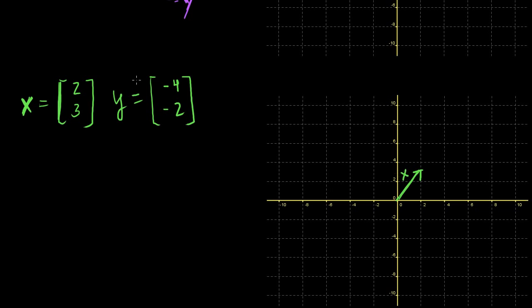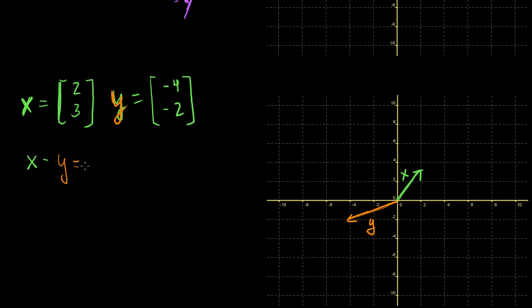So this is x. And then what does vector y look like? I'll do y in orange. -4, -2. So vector y will look like this. Now, what is x minus y? We could view it as x plus -1 times y, or you could just say 2 minus -4. I think you get the idea now.